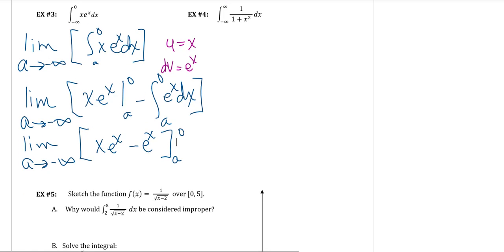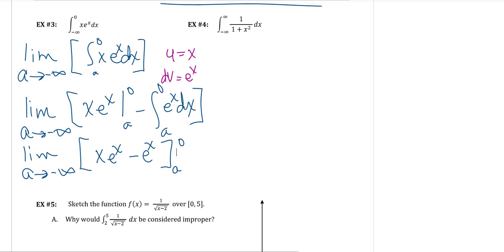Okay, so then, running out of room here, this is going to give me the limit as a approaches negative infinity of, when I substitute 0 in, I'm going to have 0 here, and minus e to the 0, so that's a negative 1.